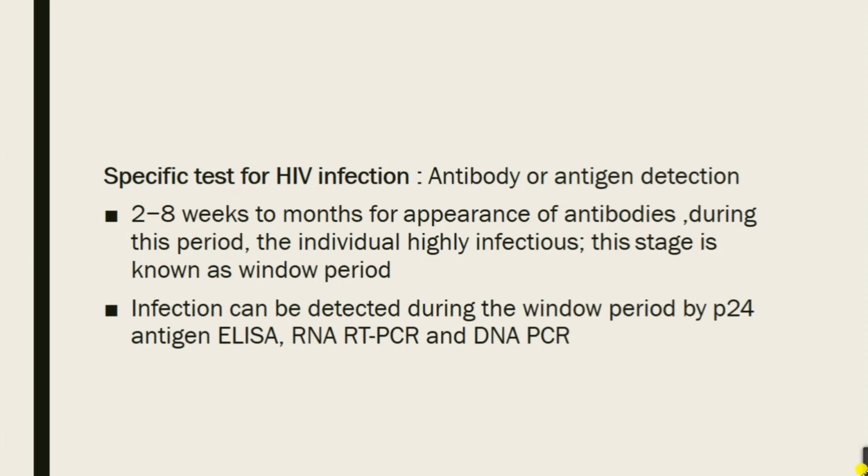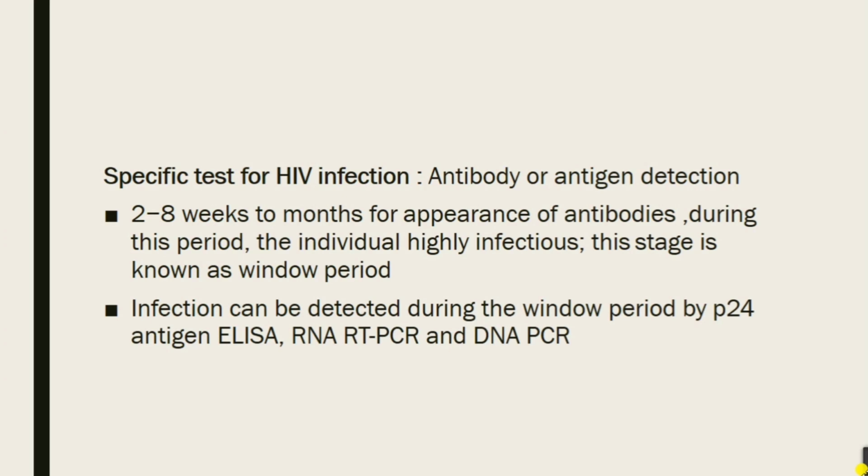Moving on to the specific test for HIV infection, it could be antibody or antigen detection. For both the specific and non-specific tests, we use a blood sample. For the specific test, it takes 2 to 8 weeks, about 2 months, for the appearance of antibodies.